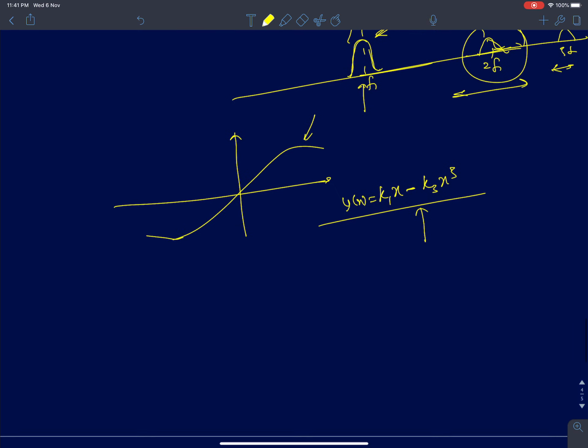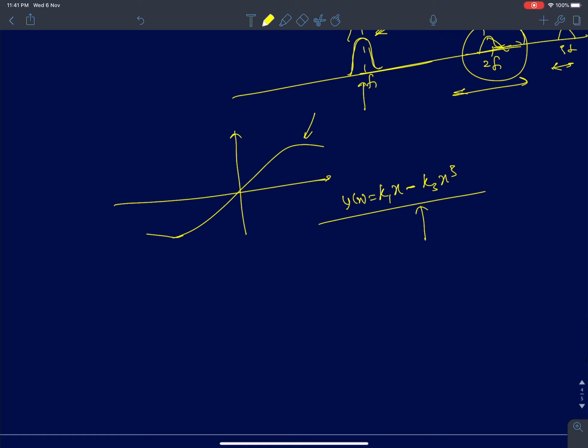If you remember one of the lectures, we discussed that if you took a differential pair, I can have any kind of device, but I will just take an example of a MOS device here with a constant current source.